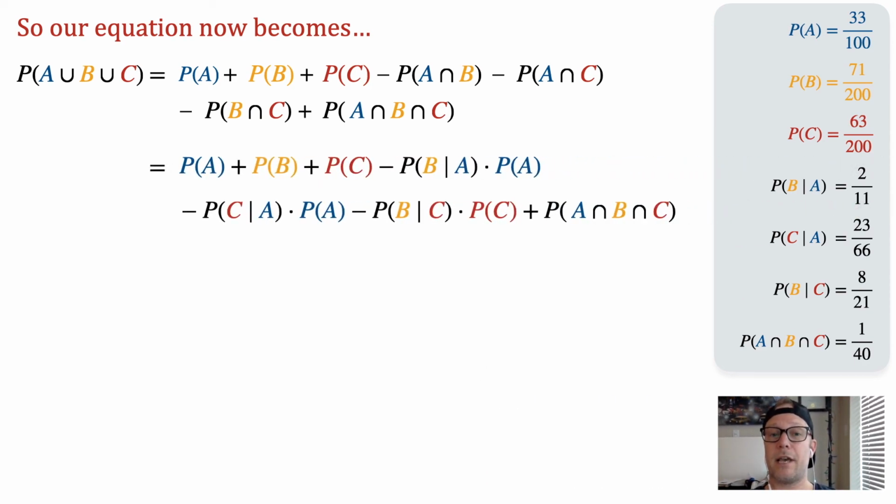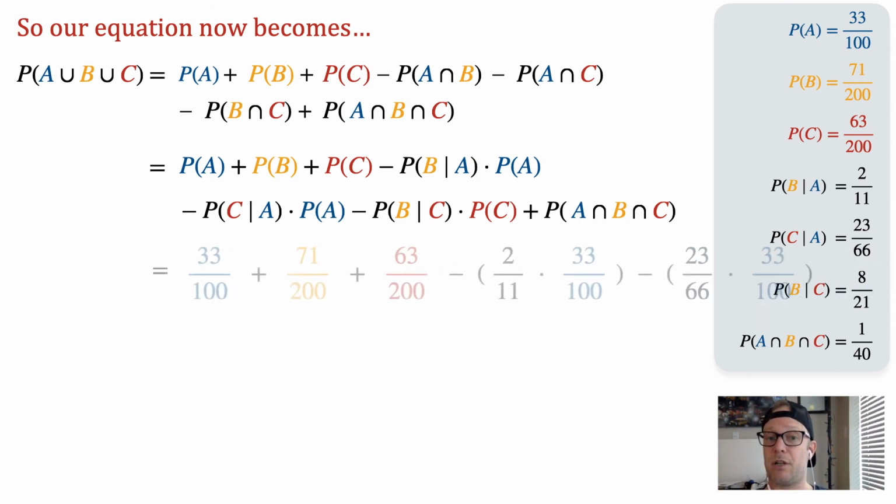Here, notice that the probability of A plus the probability of B plus the probability of C is still the exact same, but now instead of the probability of A intersect B, we have the probability of B given A, which we know is 2 over 11, times the probability of A. And we do the same thing for the probability of B intersect C and A intersect C. If you notice in our current formula, the two lowest lines, we know a number for each one of those, and we can just plug them in.